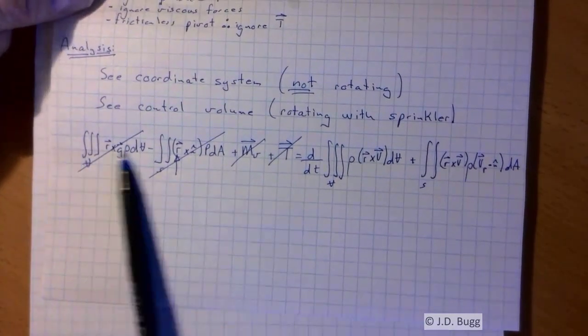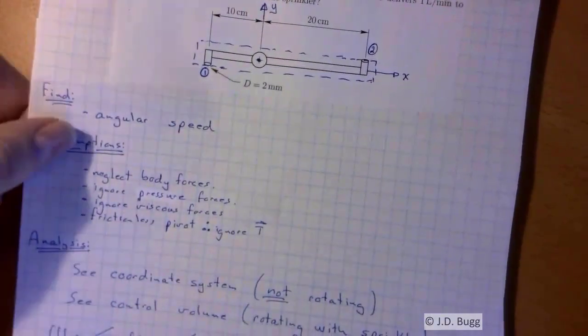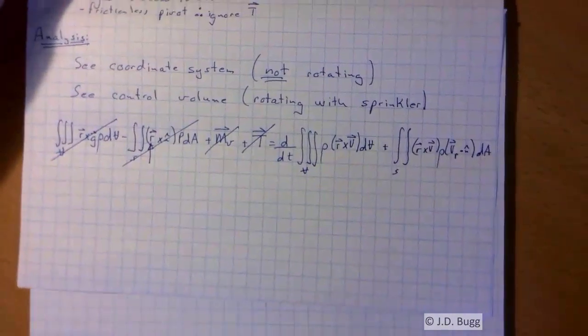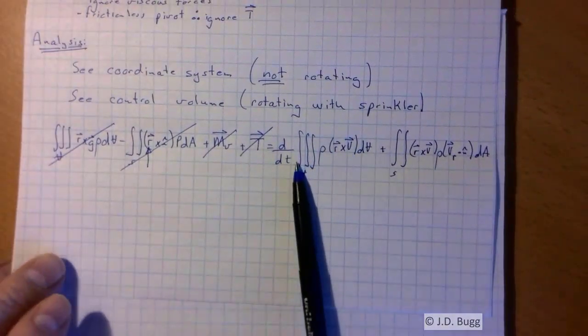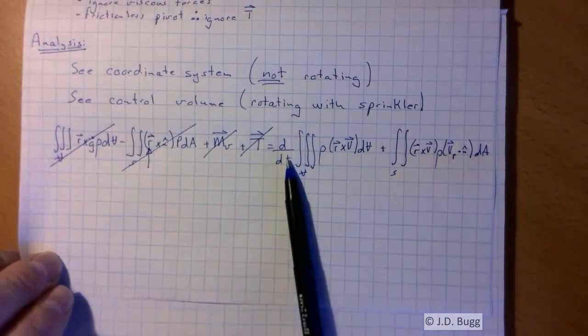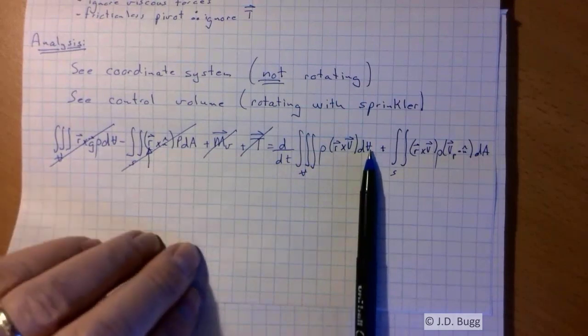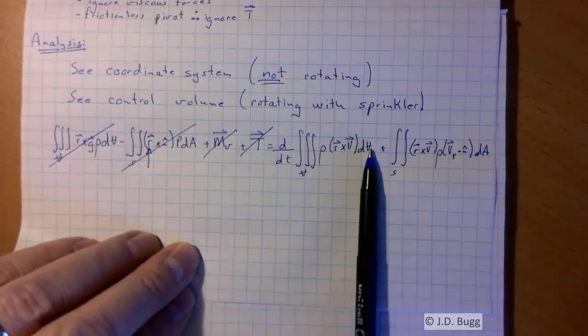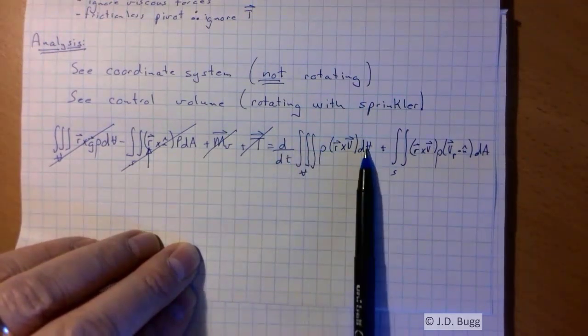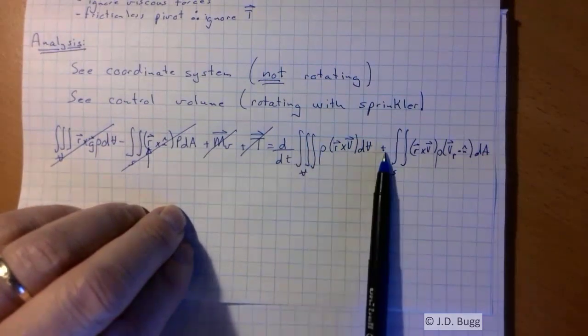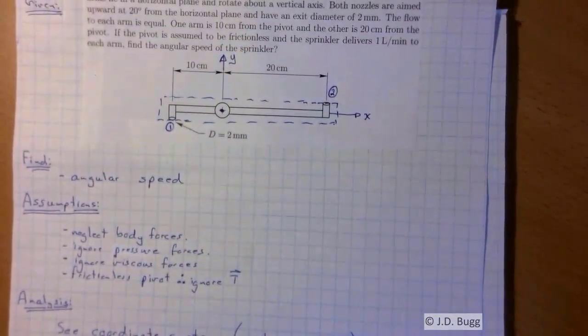So everything on the left-hand side has been set to 0 by these assumptions that we've made here. Now we come over to the right-hand side and we see our unsteady term. So this is where having a control volume that moves with the sprinkler is a very significant simplification to this problem. So let's go back and take a look at this unsteady term.